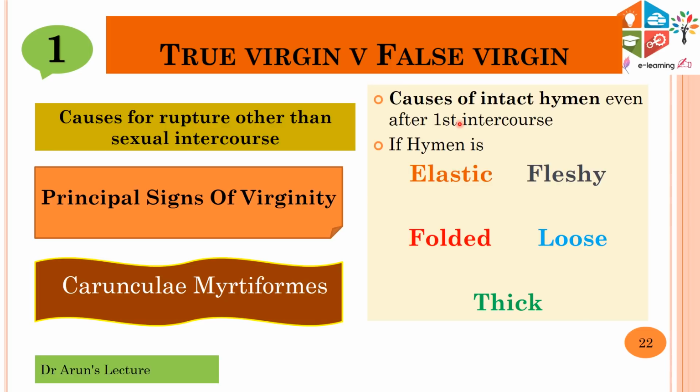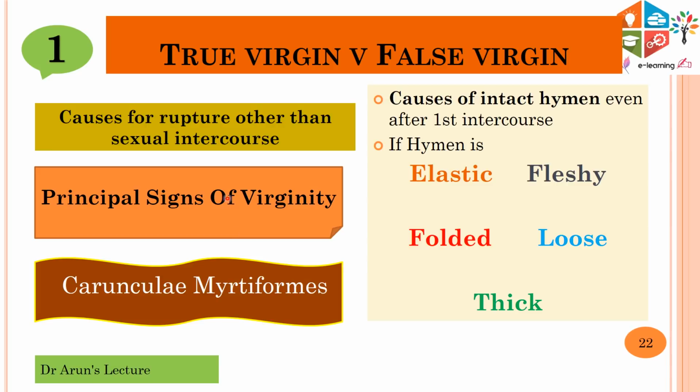Coming to another terminology called caruncle myrtiformis: with repeated sexual intercourse the hymen completely disappears, or only a remnant of the hymen is seen as small projections, minuscule fleshy tags.